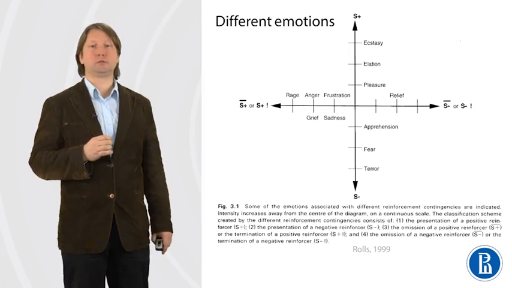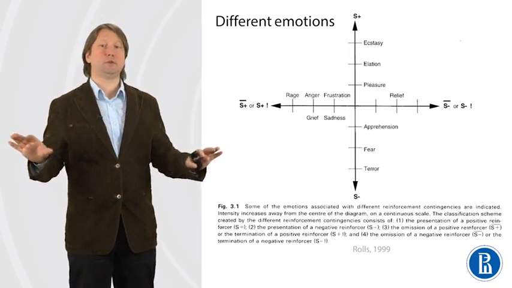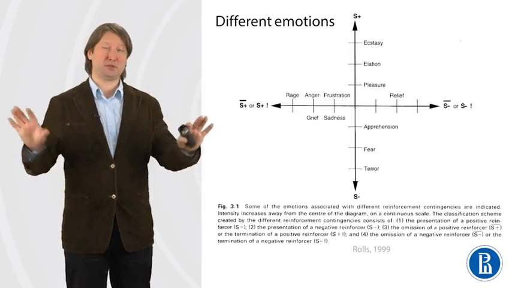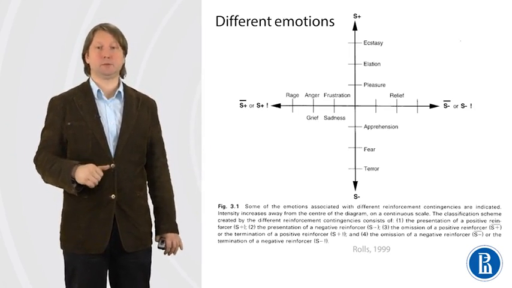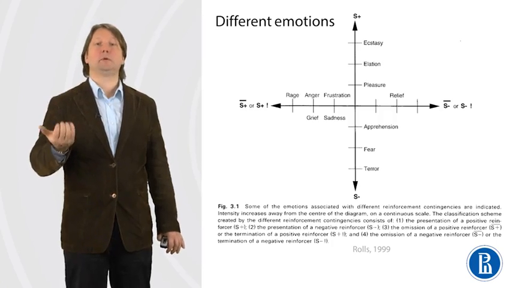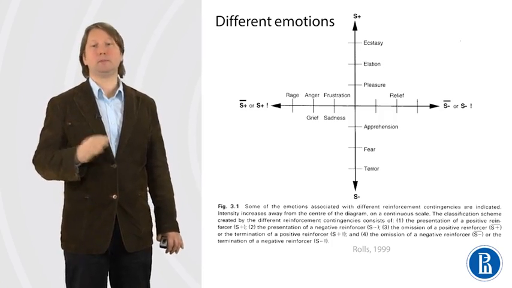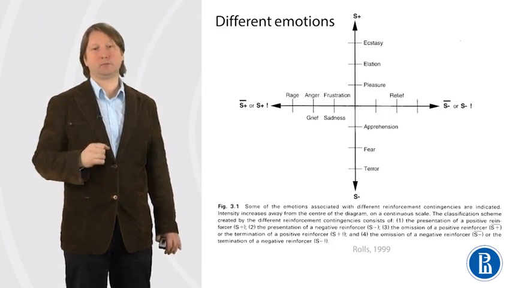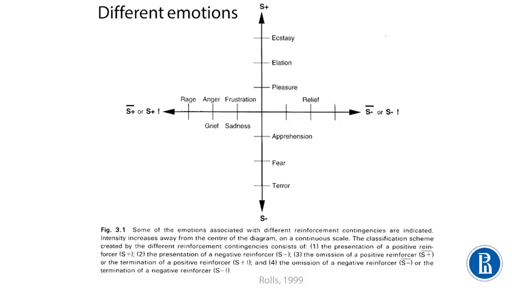So Edmund Rolls fitted major emotions into a two-dimensional space related to the presentation of rewards, presentation of punishments, or to the omission of rewards and omission of punishments. So pleasure is experienced when we get some reward, and ecstasy is experienced when we get a lot of rewards.